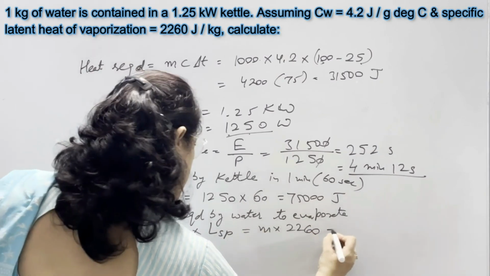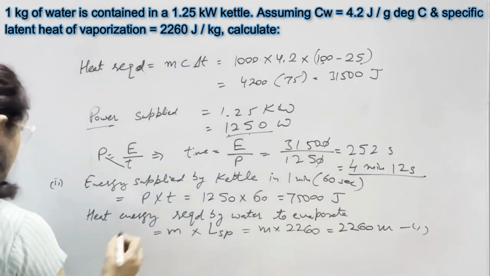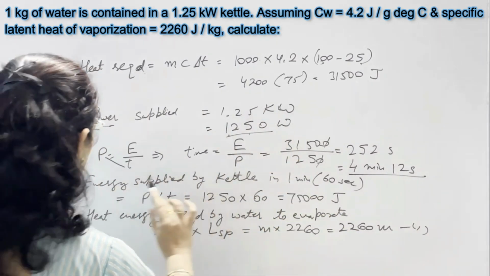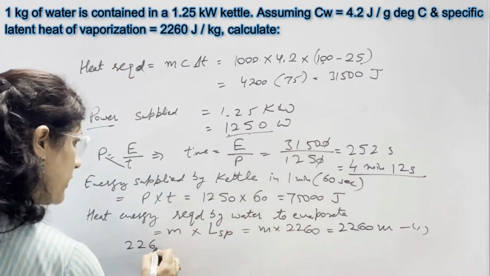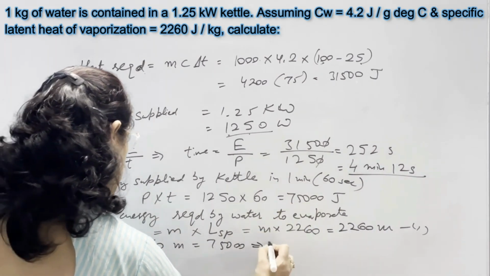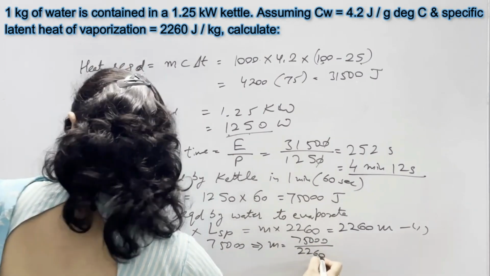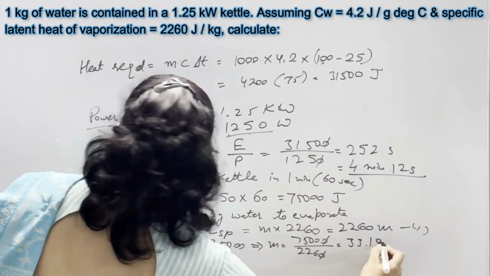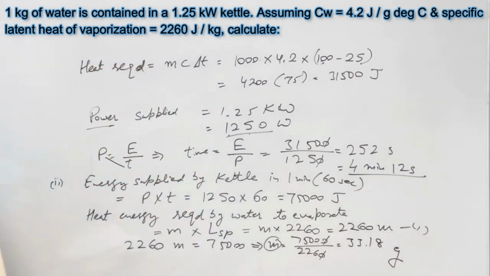Now this should be equal to the energy given by kettle. So energy given by kettle is 75,000 and that required by water is 2260 times mass. So m is equal to 75,000 divided by 2260 and we will get the value as 33.18. This is in gram, because it is mass, it should be given in gram.